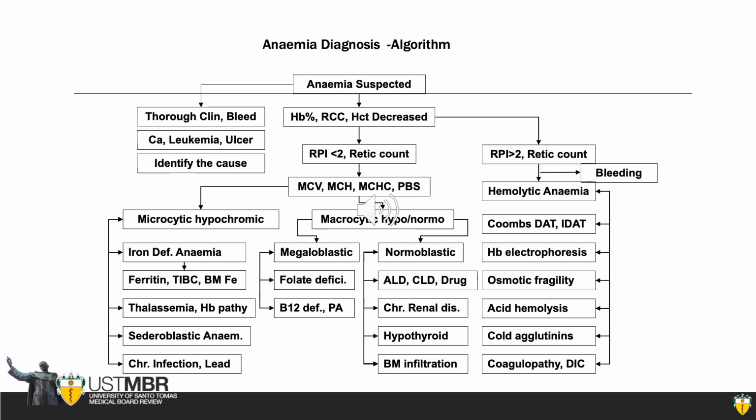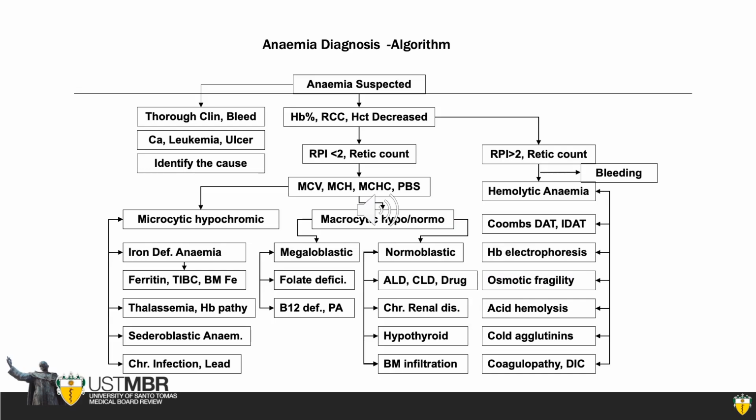If the RPI is less than 2 or you have a low reticulocyte, and then look at the RBC indices, your MCV, MCH, MCHC, and peripheral blood smear. If the patient has a microcytic hypochromic anemia, and then these are the differential diagnosis. The most common would be iron deficiency and thalassemias.